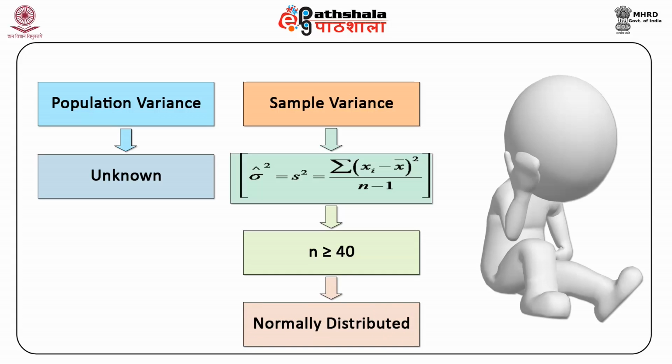In both these last cases, the standardized variable z is equal to x bar minus mu divided by s upon root n, and it has an approximately standard normal distribution. The denominator of the z statistic is the standard error of x bar, denoted by SE subscript x bar.